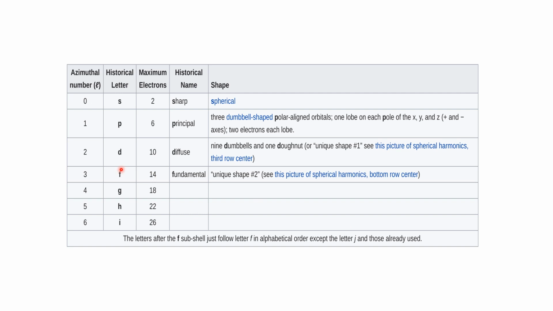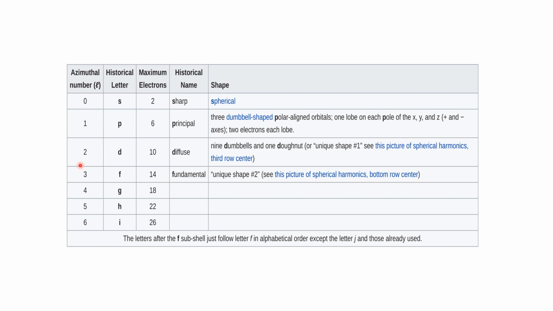Here we have a table explaining the azimuthal quantum number. If L equals 0, its historical name is s, the maximum number of electrons would be 2, and it is spherical in shape. If azimuthal quantum number is 1, the maximum electrons will be 6, and it would be dumbbell in shape, and there will be 3 in number: Px, Py, and Pz.